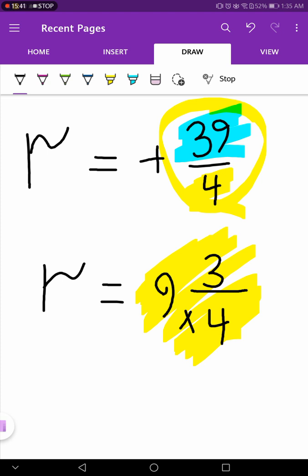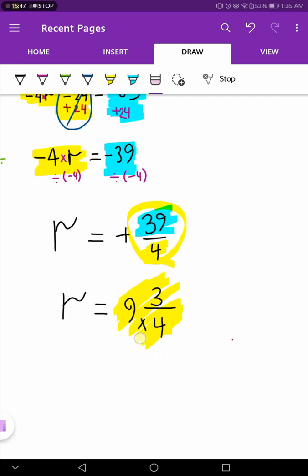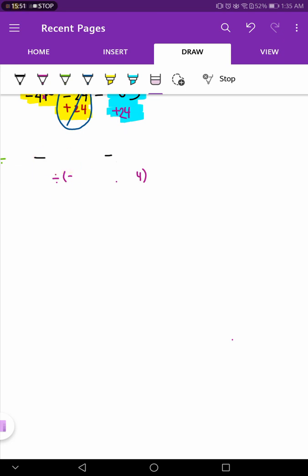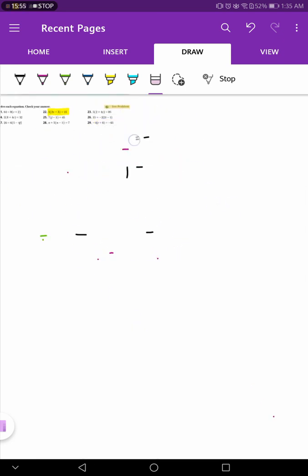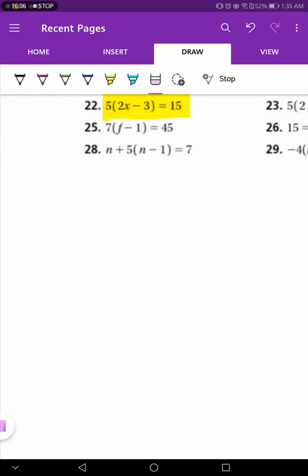Okay, my dear student. So let us understand what happened here. He asked me to solve an equation.